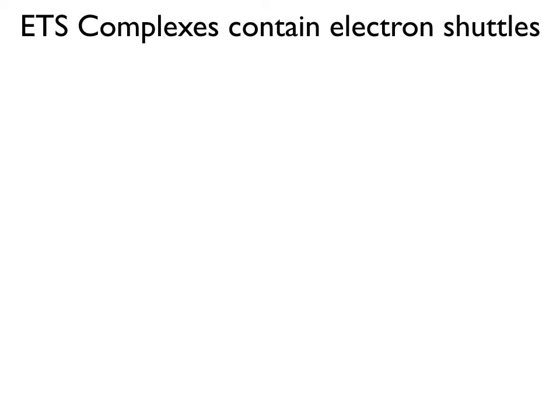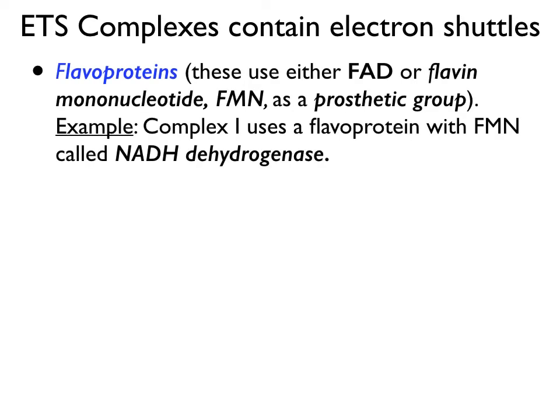So let's consider some of the components in these electron transport complexes. Well, there are a number of them. One class of molecules in the electron transport chain are flavoproteins. And these use either FAD or something called flavin mononucleotide, FMN, as a prosthetic group. So one important example is in complex 1. This uses a flavoprotein with FMN called NADH dehydrogenase, and you can see what that does, right?